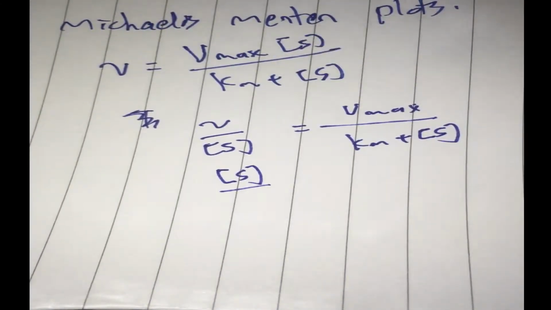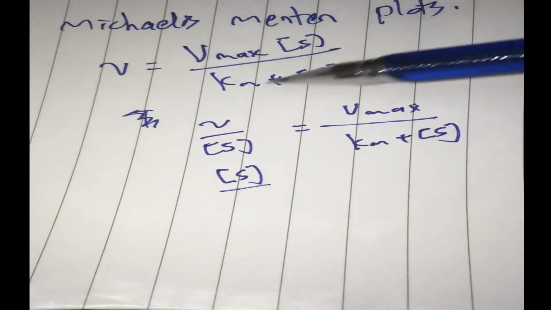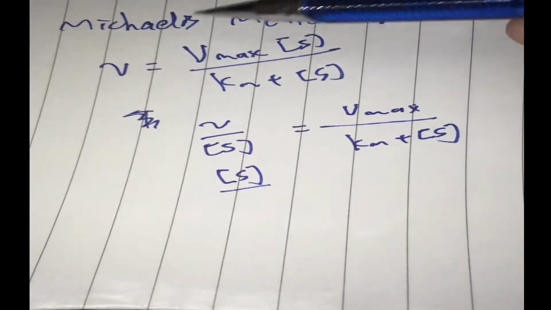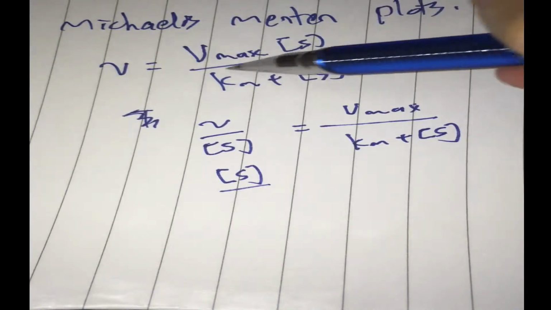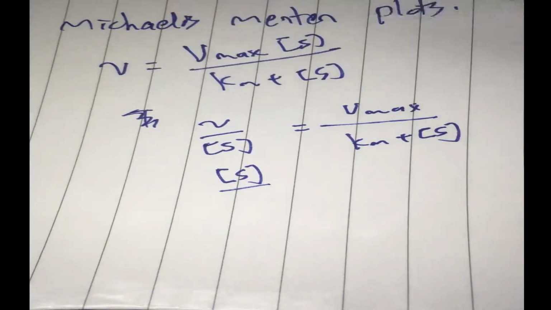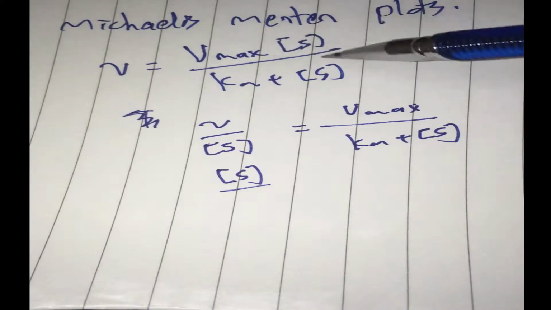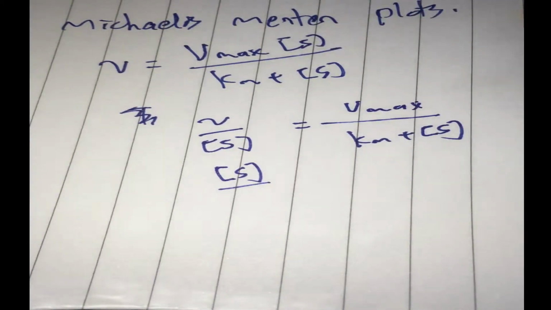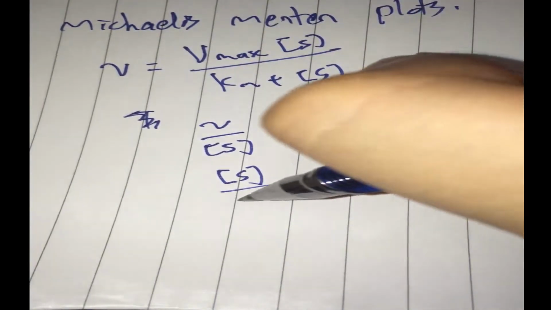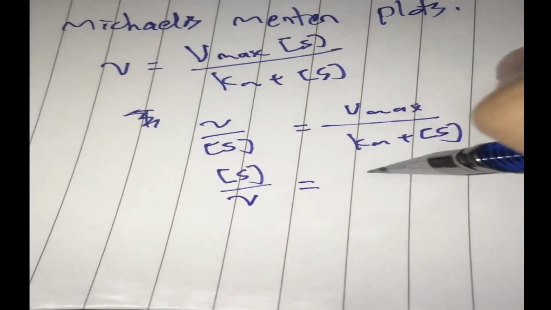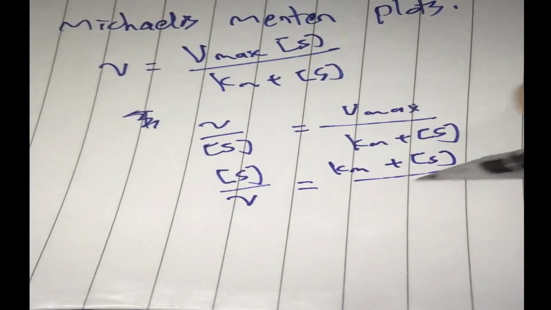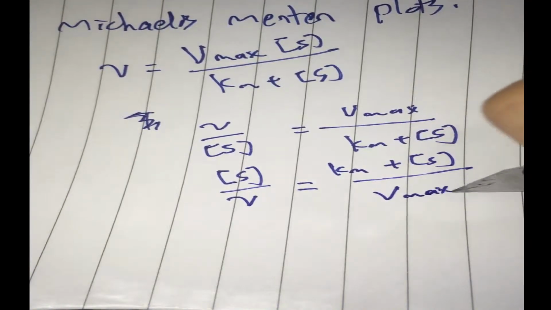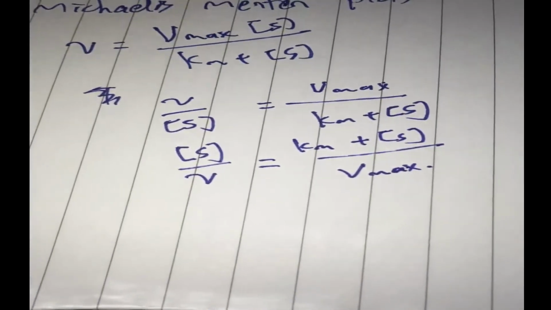In the previous videos, one of the methods was just to invert this whole equation by itself. The other is that you multiply by the bottom and then invert. Now we are dividing by this S, the substrate concentration, and then inverting the whole equation. So these are three of the ways that we can use to linearize the equation.